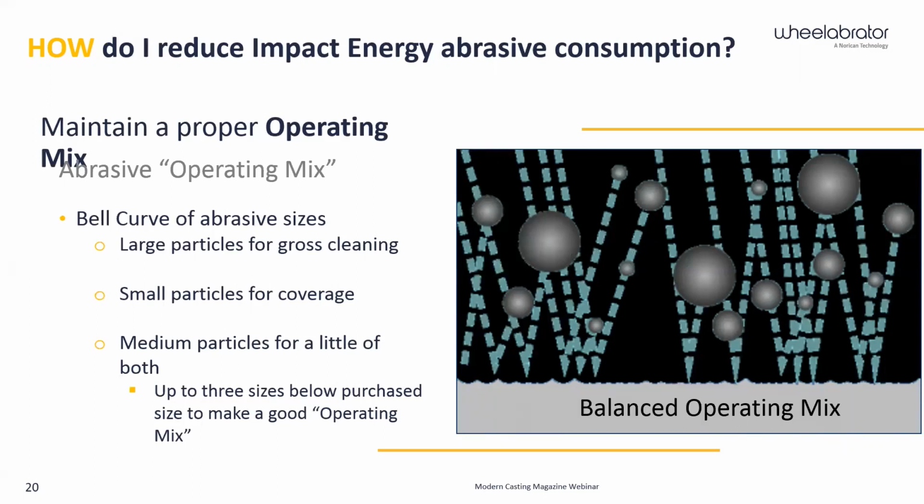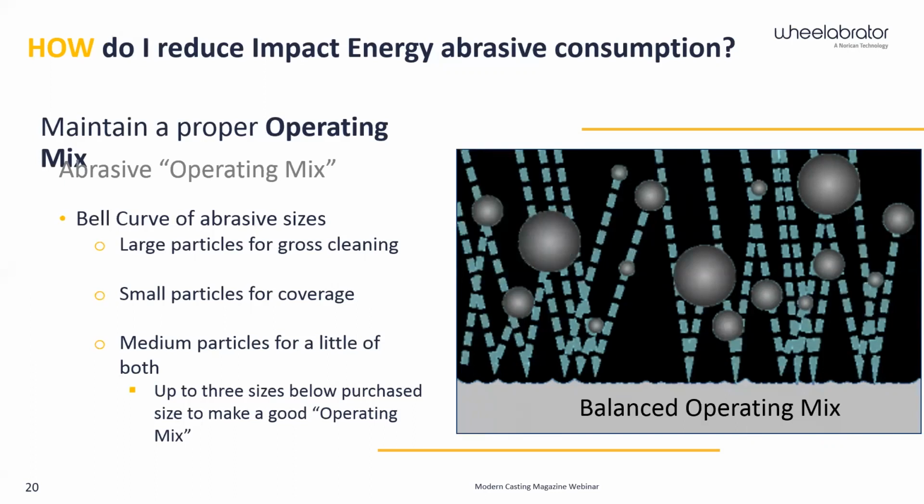One of the things I have always used as a rule of thumb: whatever abrasive size you're purchasing, if you're purchasing just a single size, a good operating mix is to have up to three sizes mixed in below that purchase size. So if you're purchasing 390 shot, you want a percentage of 390 shot, and anybody can reach out to me afterwards, we have some suggested percentages.